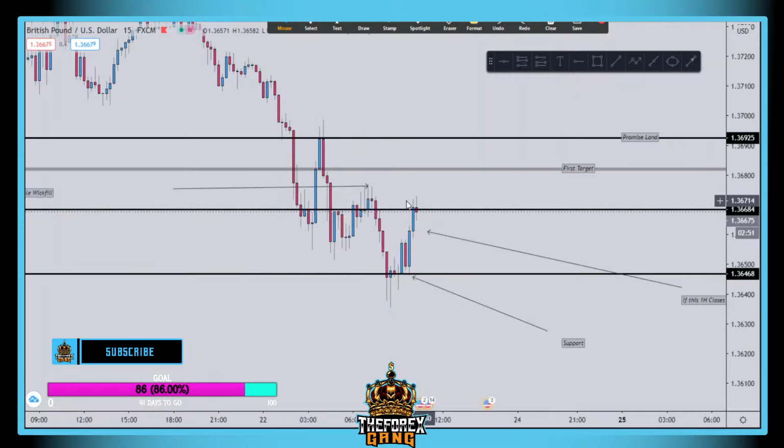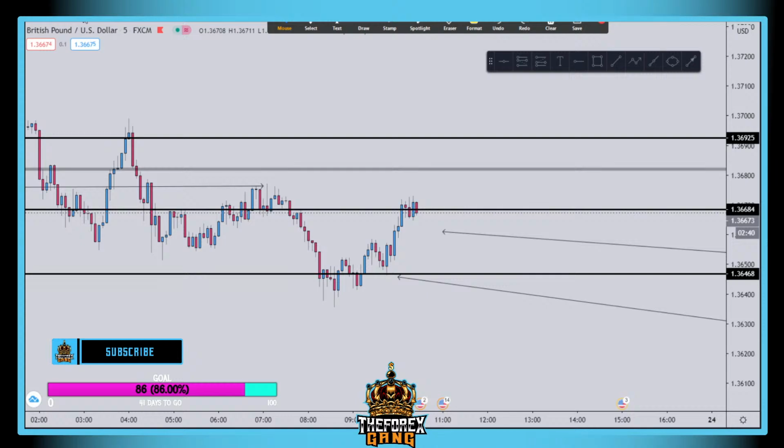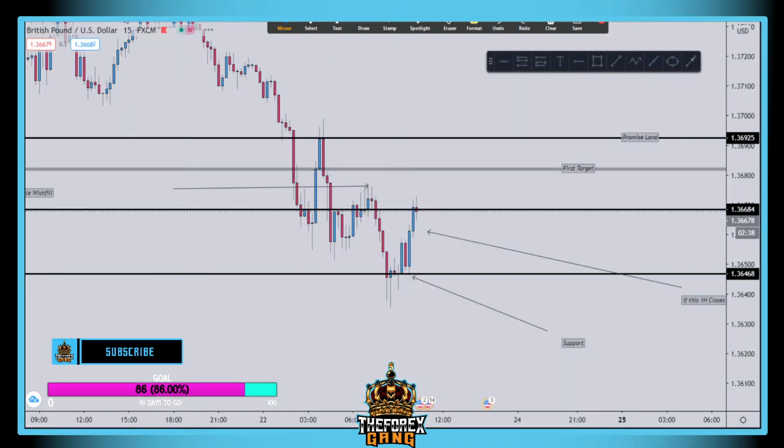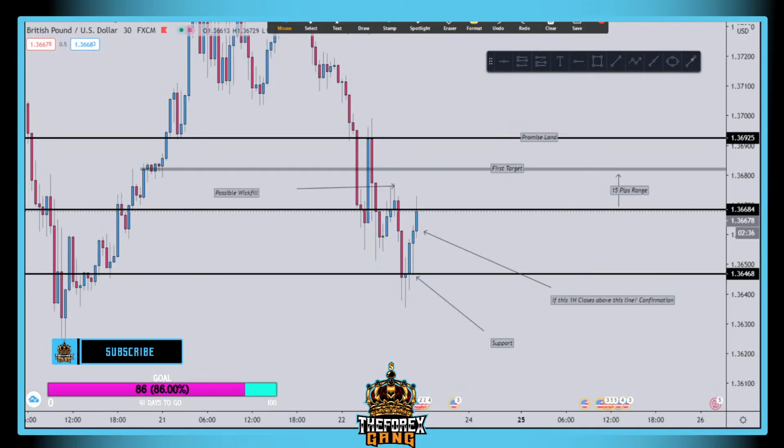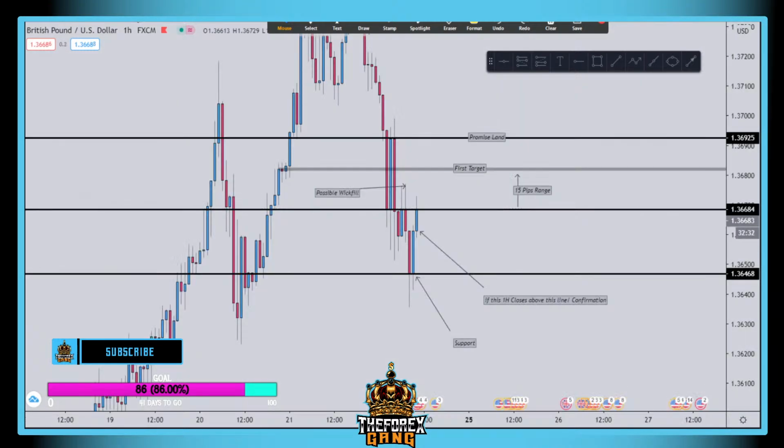The 15 could close there. If we get the next one to break that high, that's indication of support. But it's a very itchy situation right now.